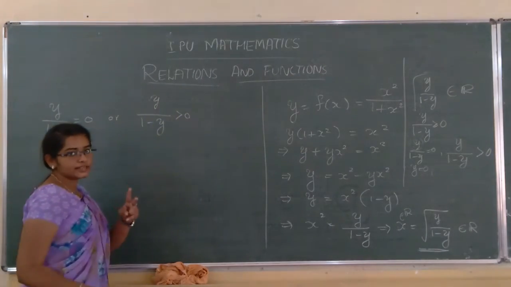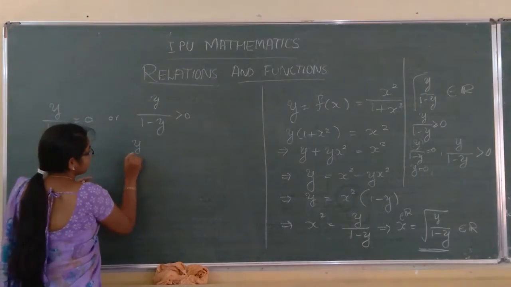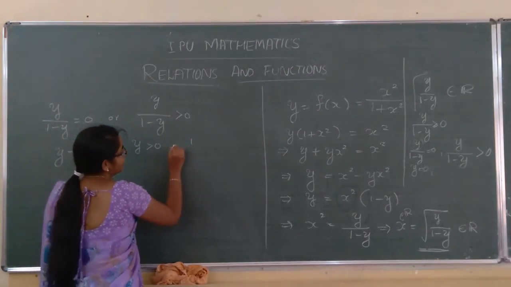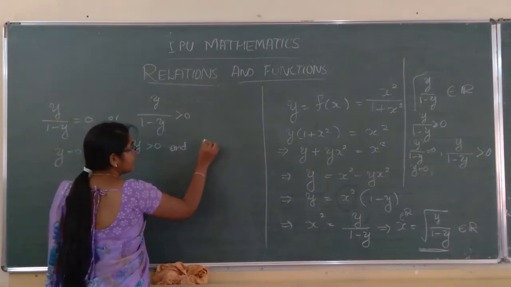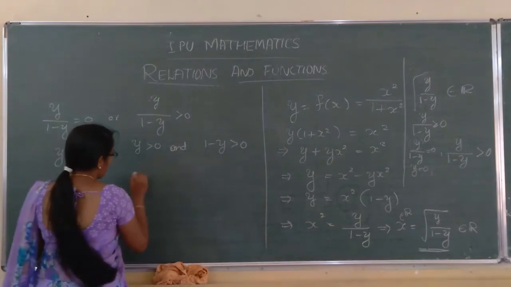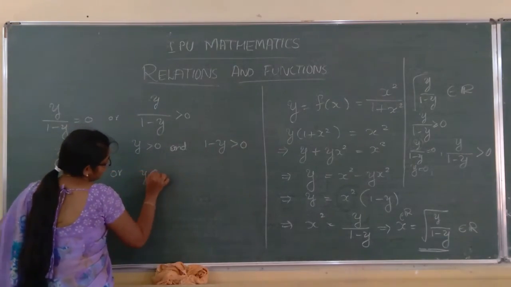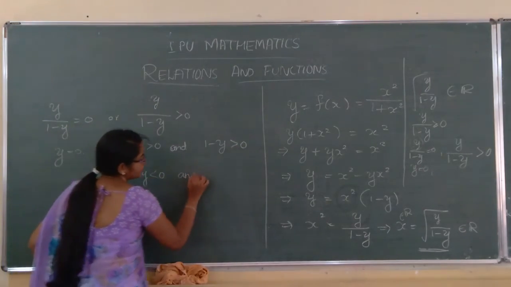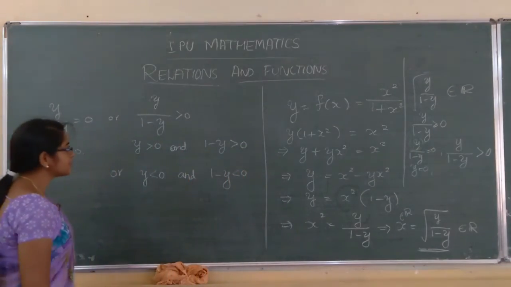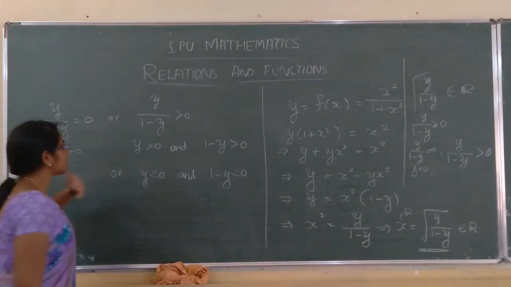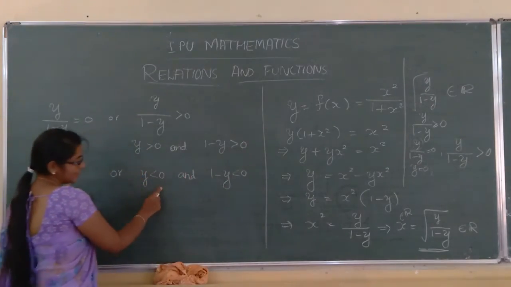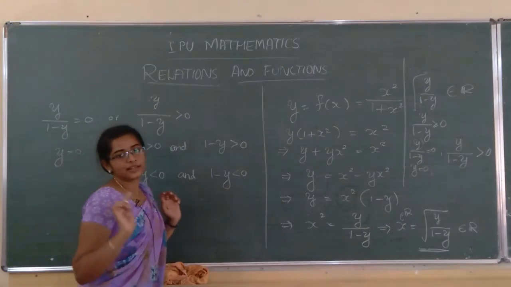Here, two cases again: numerator is greater than 0, that is positive, and denominator is also positive. This is one case. Or numerator is negative and the denominator is also negative. These are the two cases: y greater than 0 and 1 minus y greater than 0; y less than 0 and 1 minus y less than 0.